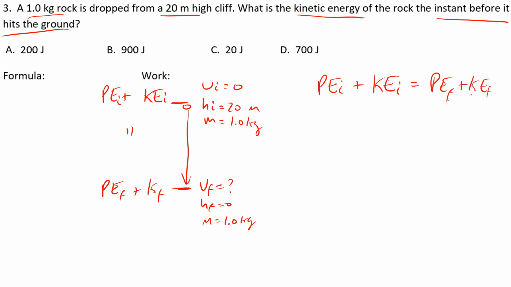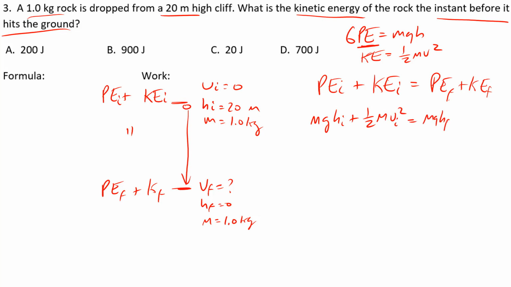And I'm going to break it down even more. PE is gravitational potential energy, so PE is mgh, and the kinetic energy is 1/2 mv squared. So breaking this down, mgh initial plus 1/2 mv squared initial equals mgh final plus 1/2 mv squared final.